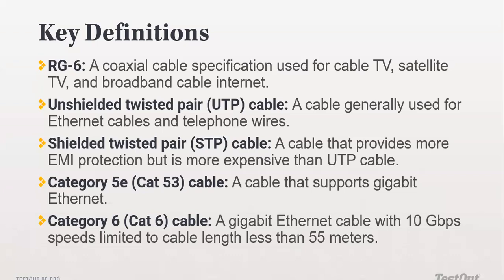A twisted pair cable is just another type of cable that transmits data from one point to another. But in this case, it is not just a single cable or two cables.